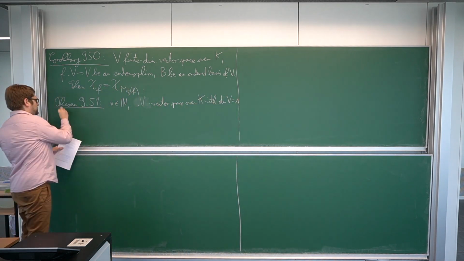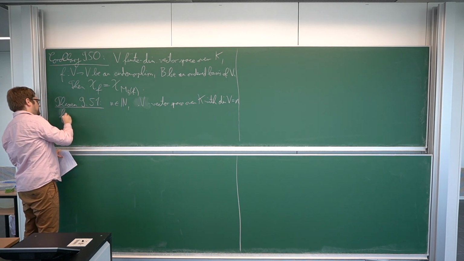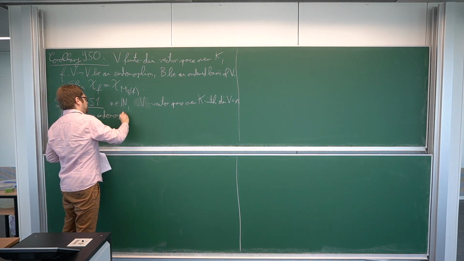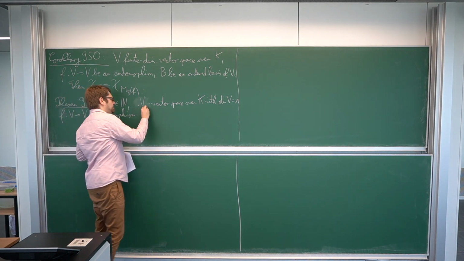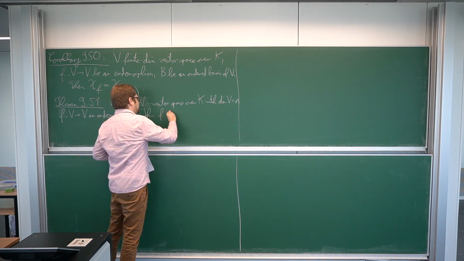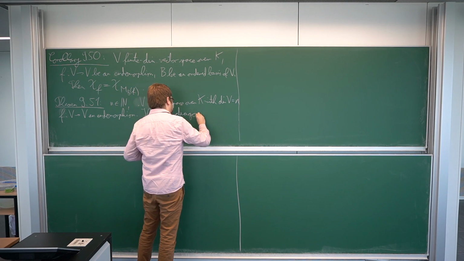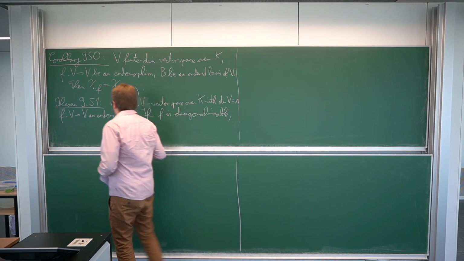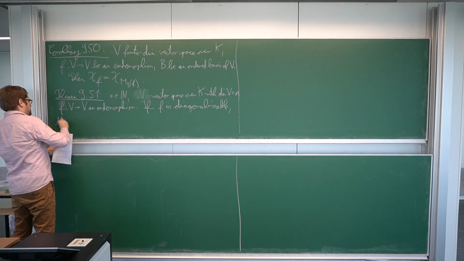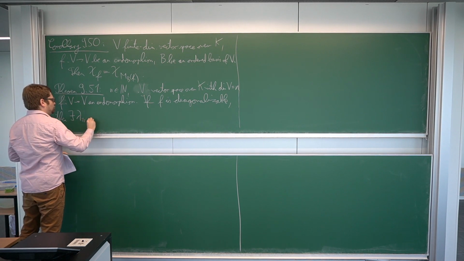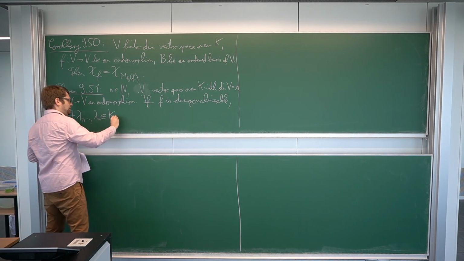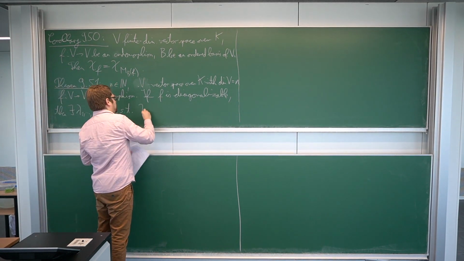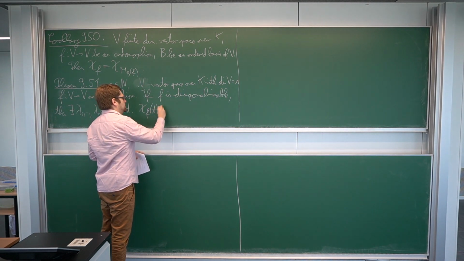Then it turns out, if F, an endomorphism as usual, is diagonalizable, then there exist lambda 1 to lambda n in K such that, and these are indeed eigenvalues, which follows from what I'm writing now, namely chi_F(t) has a very simple form.